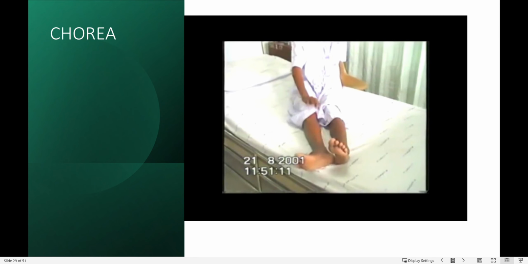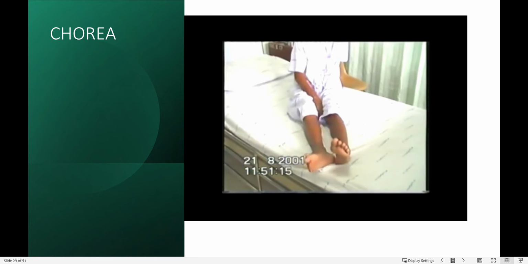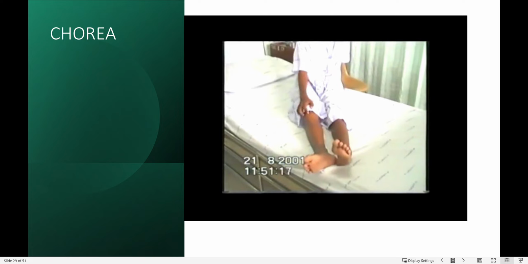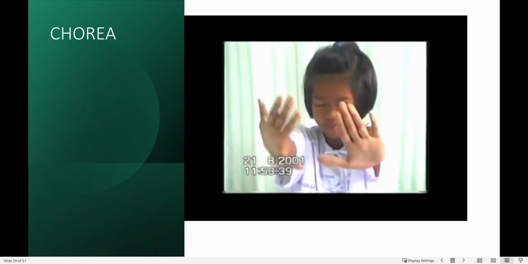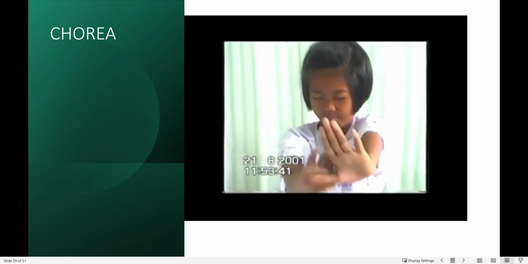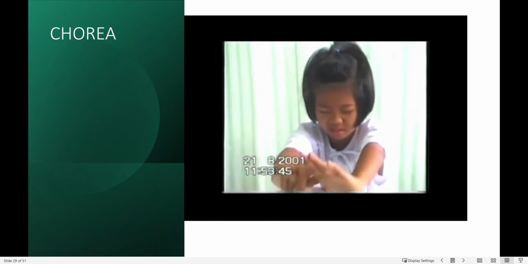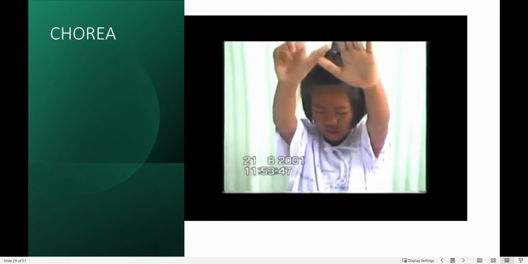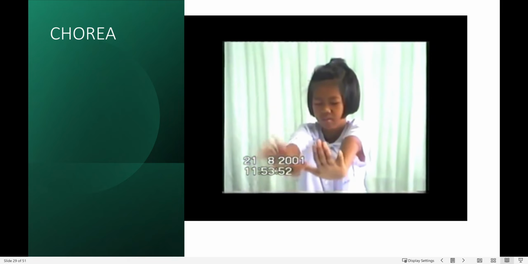So this patient sitting on a bed exhibits fairly continuous, irregular choreiform movements of her extremities. Again, the choreiform movements are evident with her arms held outstretched in front of her, somewhat exaggerated in this position, and also involving the right more than left upper extremity.